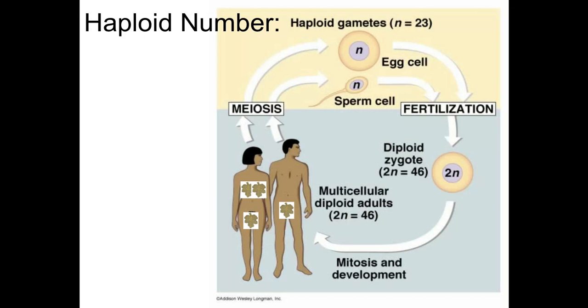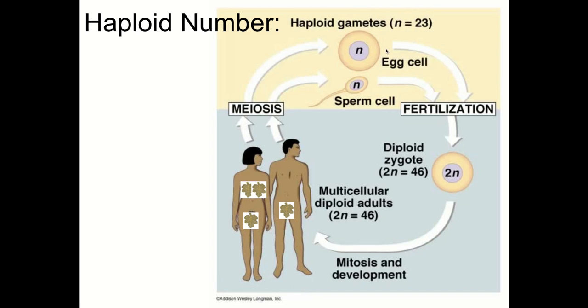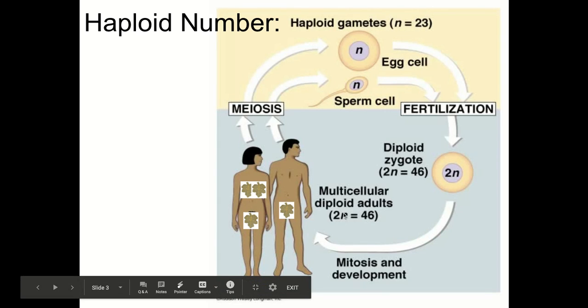So this right here is a quick picture of meiosis showing haploid numbers. Haploid is half. So in our sperm and our egg cell, we have 23. At fertilization, when we make that diploid, we have 46. We have our multicellular diploid adults, 2N equals 46. This is mitosis and development.